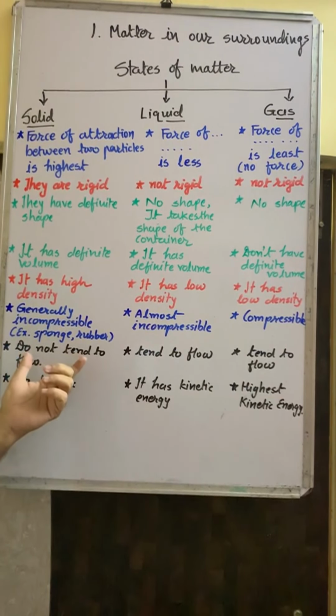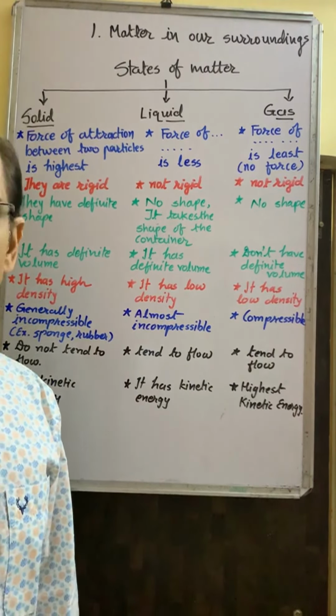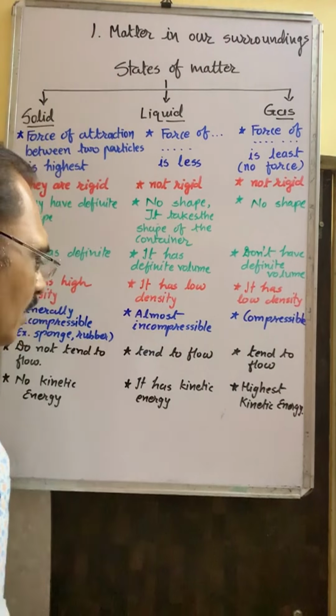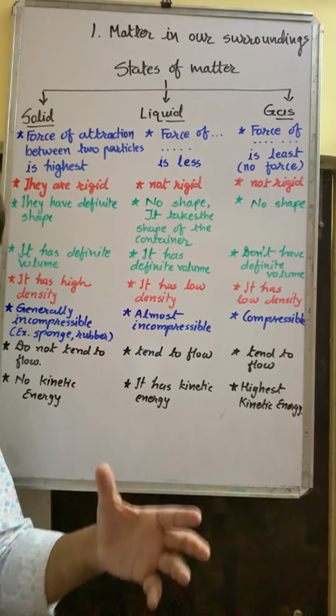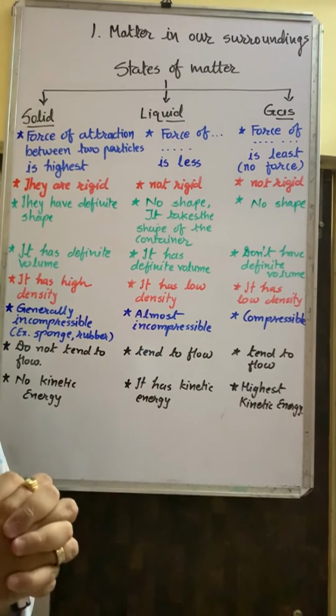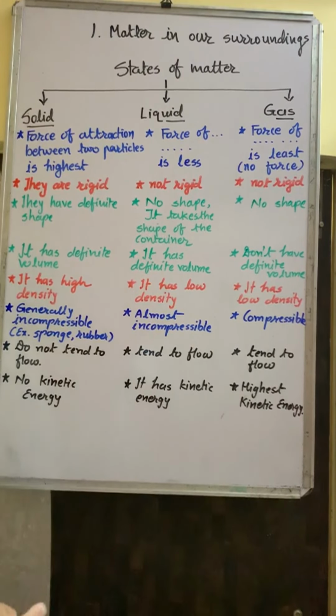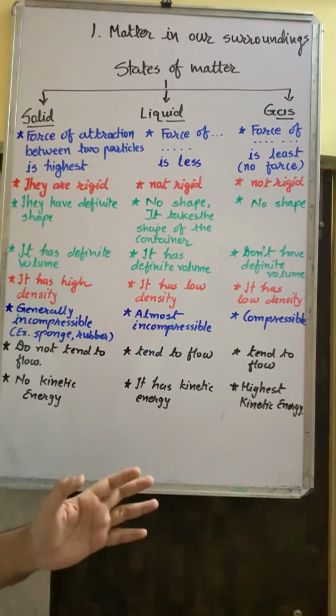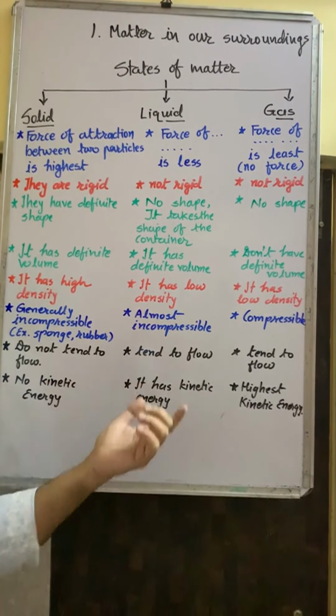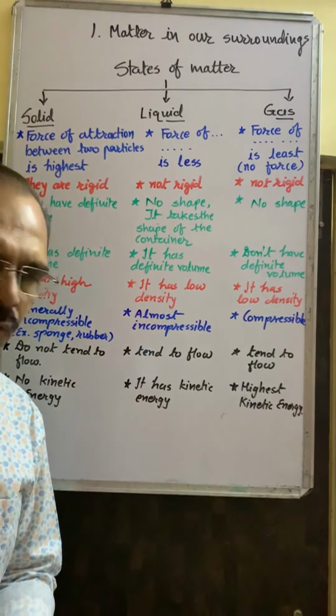Now, fluidity, another characteristic. Solids do not tend to flow. Very simple, because intermolecular forces are highest, they bind the molecules with each other, and that's why there is no flow, no fluidity. Here liquid tends to flow, fluidity is more.